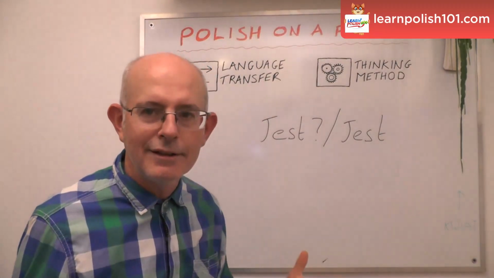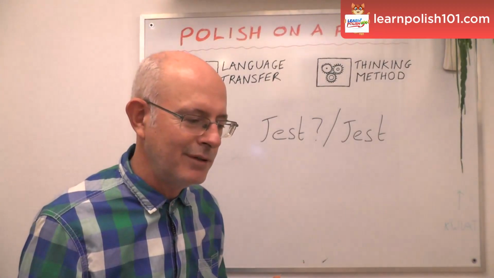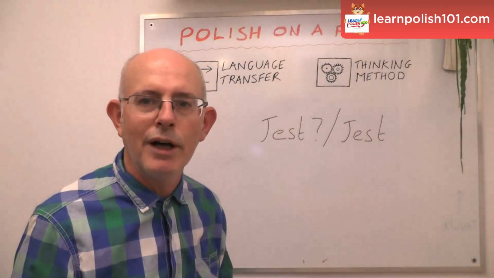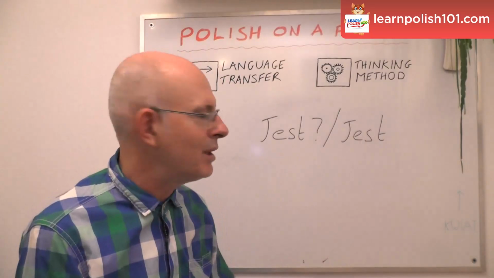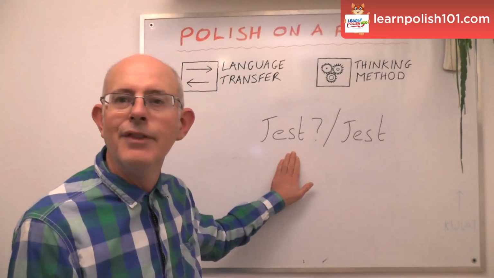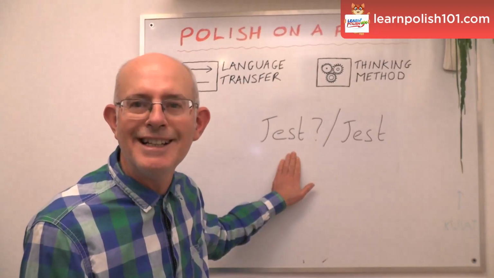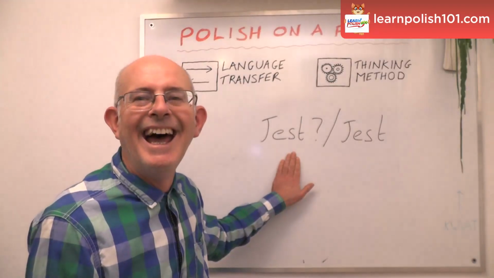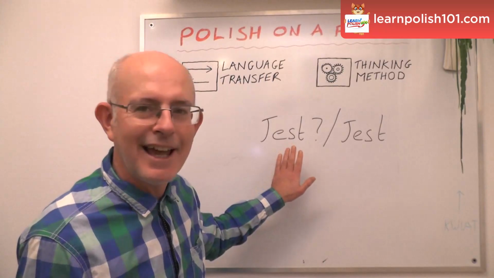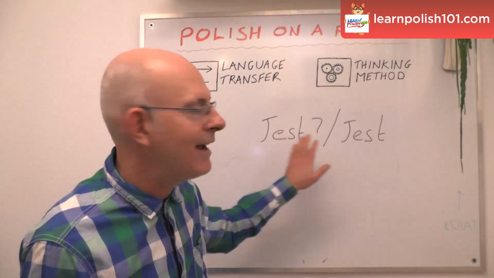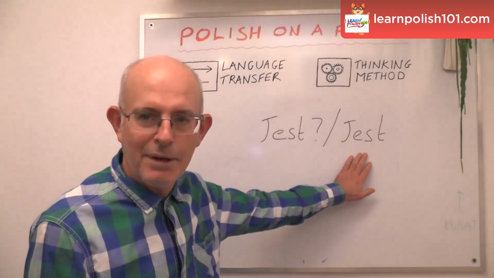Now, where is obviously the one you want to be using, but there's also a shortcut one which we can use with a word that we already know. And this word is jest. We've seen it before. We tried to get rid of it last time, but it's come back. And this can mean, as well as meaning is, it can mean is there and there is, just depending how you say it.